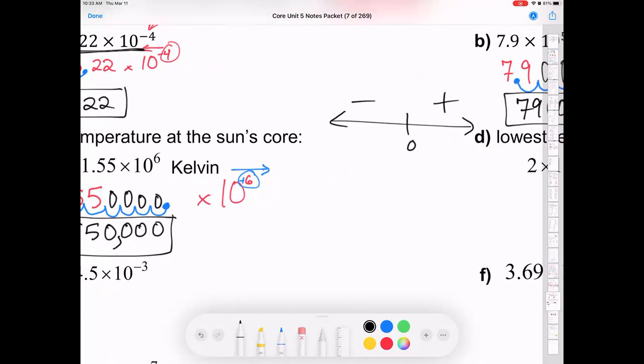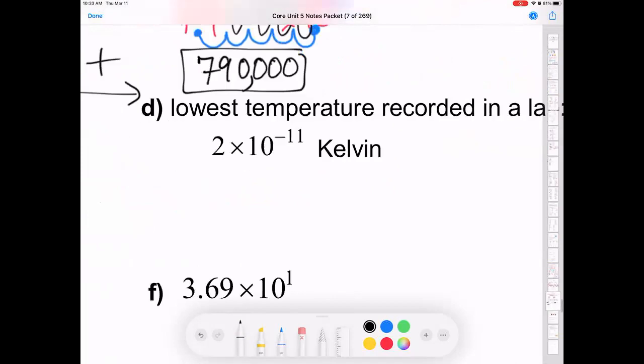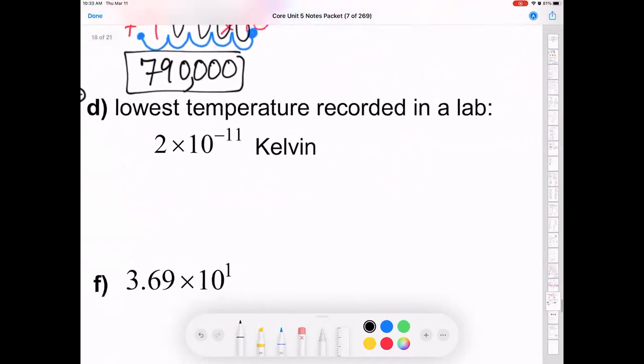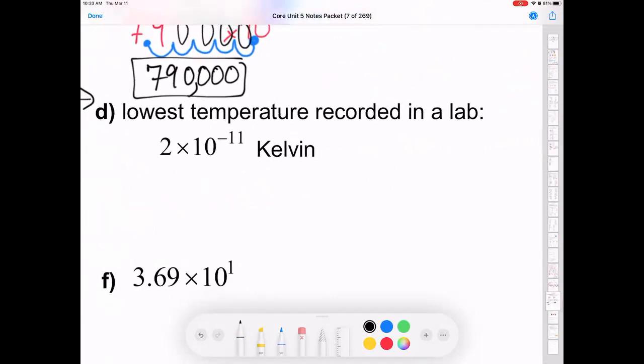All right. The lowest temperature recorded in a lab. This is actually pretty interesting. In other words, they're saying basically how cool can something get? Like how much can you freeze an item? So notice how it just says 2 times 10 to the negative 11th like that. Well, the question becomes, where is our decimal place? Where would that actually be at?